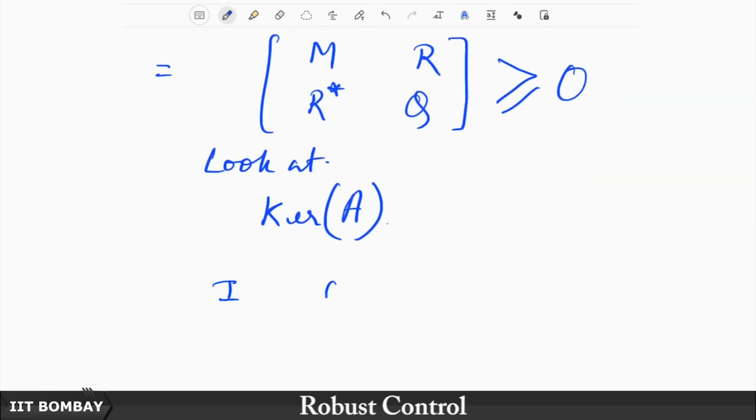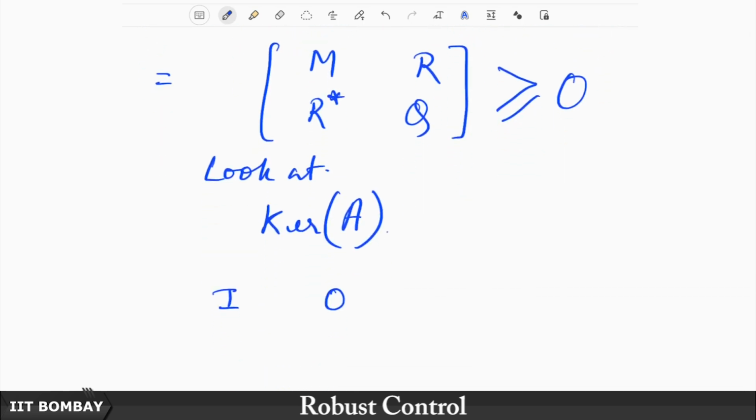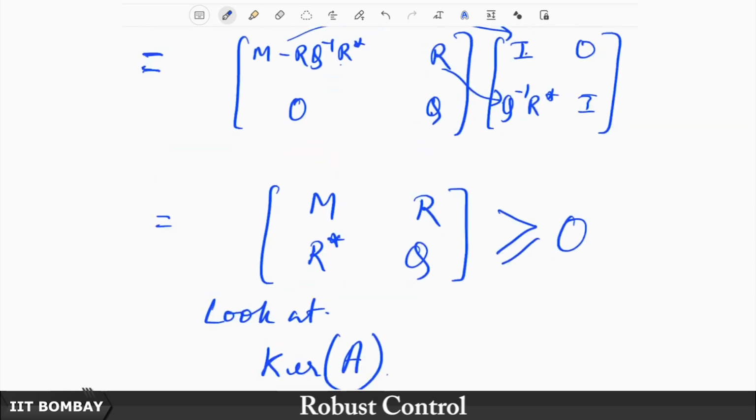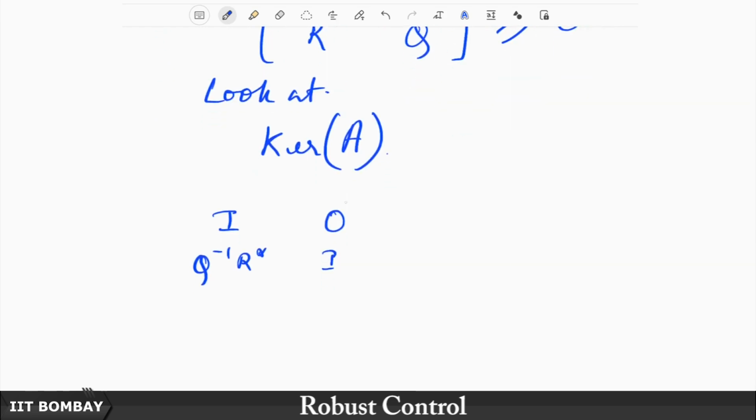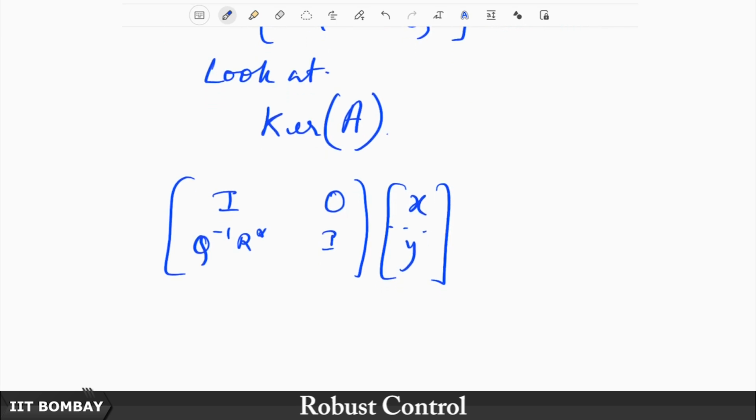So, it is I, 0, Q inverse R Hermitian and I, and suppose you have x, y, I am partitioning this in this fashion. So, this is going to be equal to x, and this is Q inverse R star x plus y.